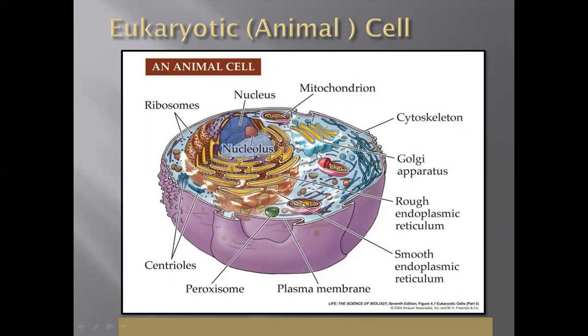The entire fluid matrix that you are able to observe is the cytoplasm. The cytoplasm contains ribosomes, mitochondria, centriole, peroxisome, smooth endoplasmic reticulum, rough endoplasmic reticulum, Golgi apparatus, and cytoskeleton. All these are cell organelles. These cell organelles are absent in prokaryotes. They are present only in eukaryotes.